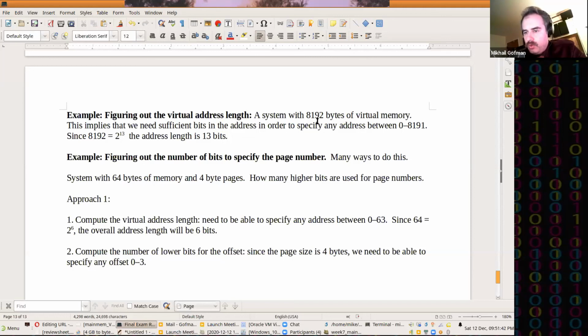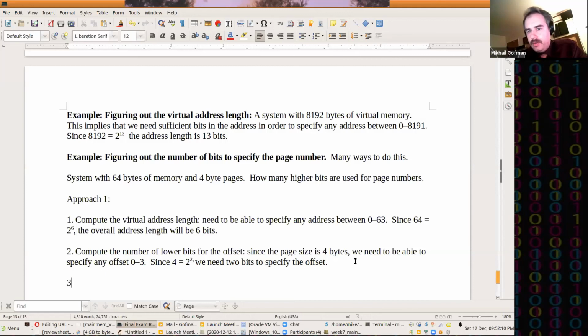And since 4 is equal to 2 to the power of 2, we need 2 bits to specify the offset. Okay? We need 2 bits to specify the offset.